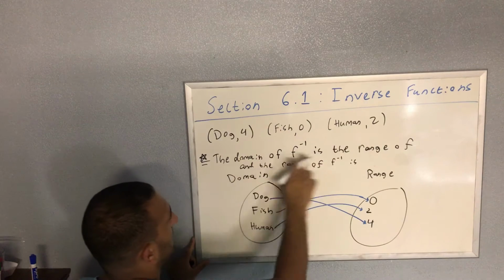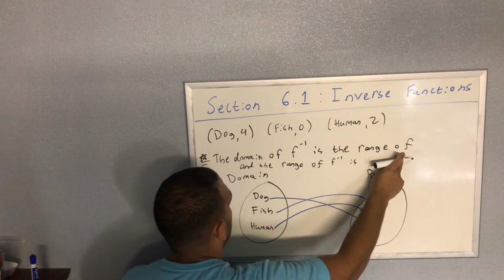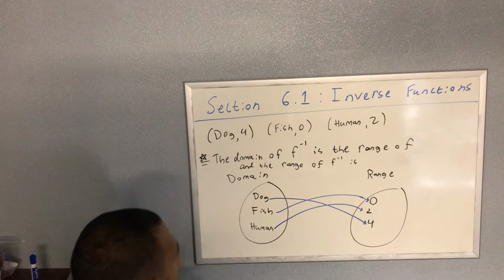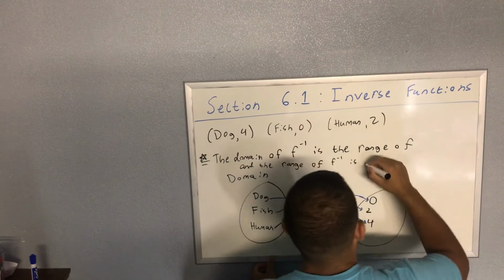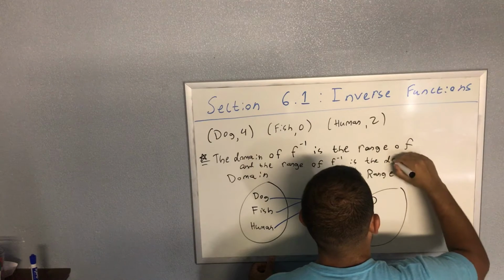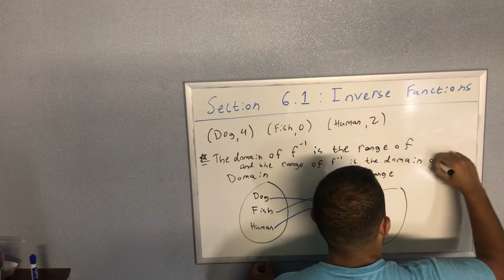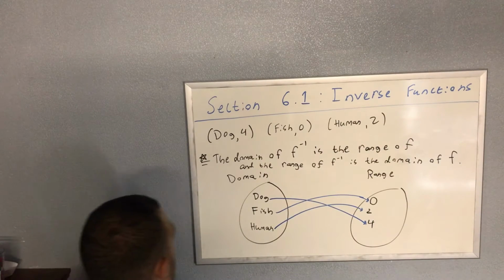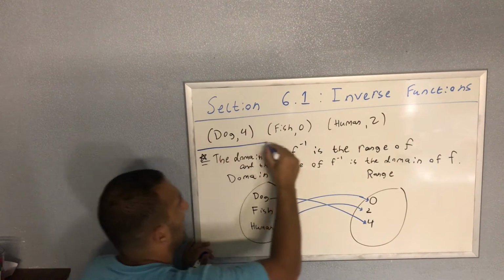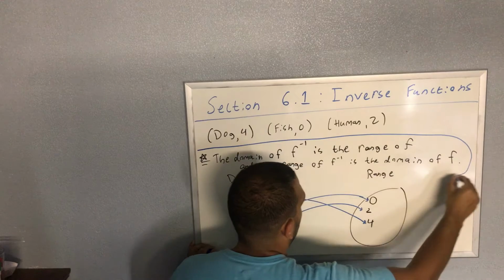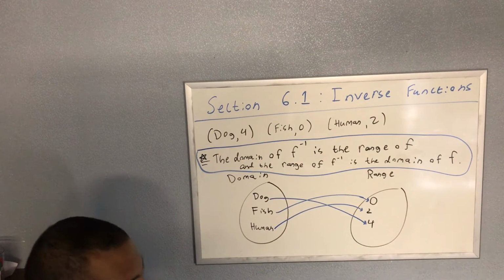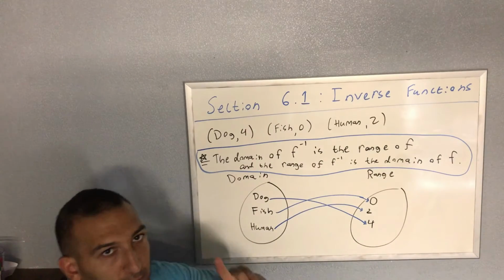So the domain was the range of the original function, and the range of this guy is going to be the domain. Okay, so this is kind of a mouthful, and I had to stop there and make sure I'm writing it right, because it's a little bit of mental gymnastics. But this is one thing that we're going to notice. So you flip-flop the domain and range.